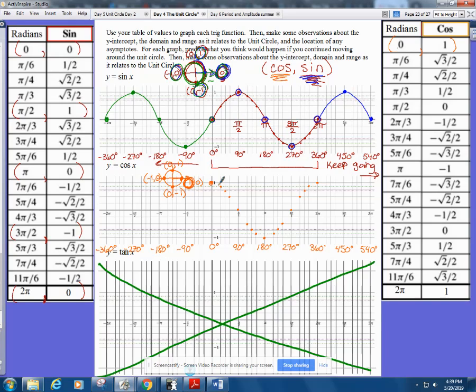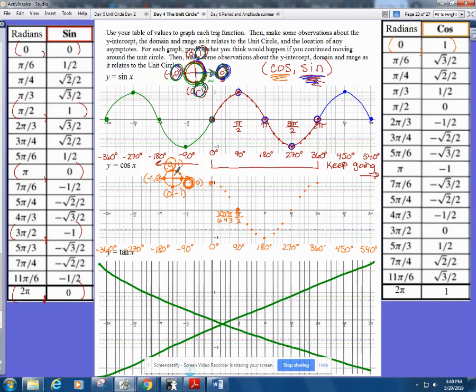But then we got to our 3 points in quadrant 1, which were 30 degrees, 45 degrees, and 60 degrees. That's equivalent to having pi over 6 radians, pi over 4 radians, pi over 3 radians. And then we get to 90 degrees, and that's pi over 2. So what were those values? Radical 3 over 2, and then radical 2 over 2, and then 1/2. And then at 90 degrees, our cosine was 0.